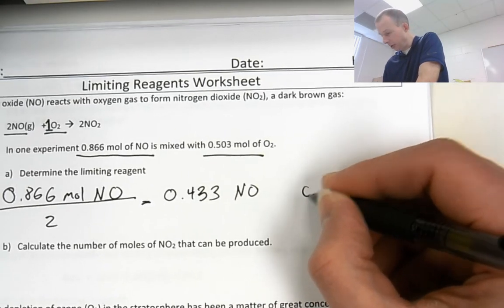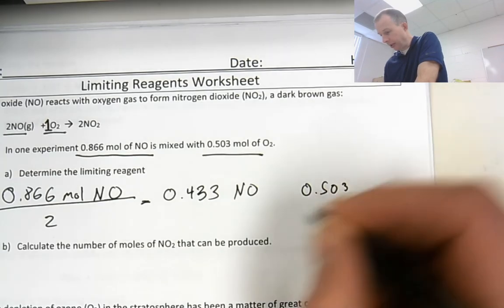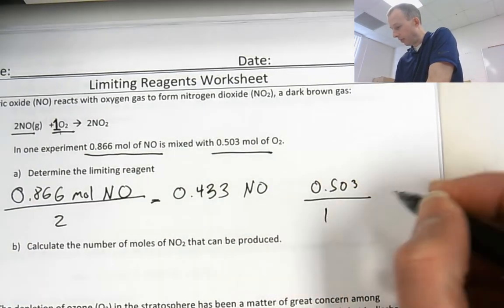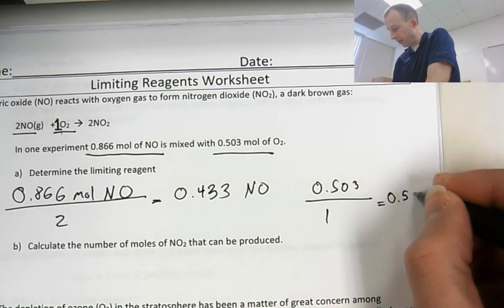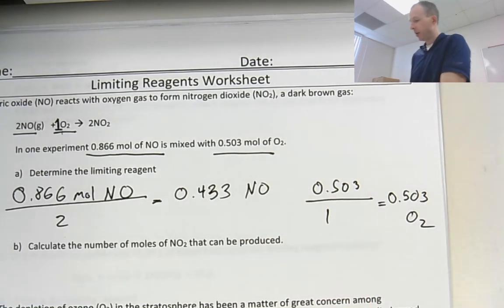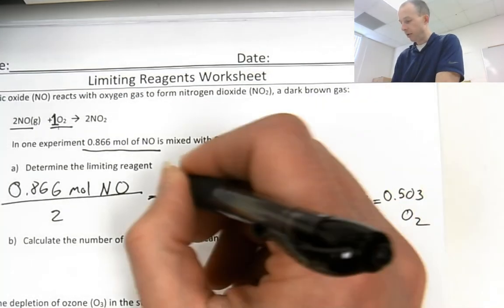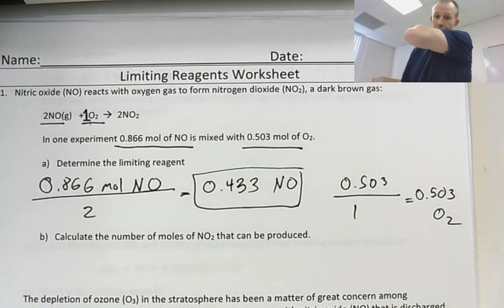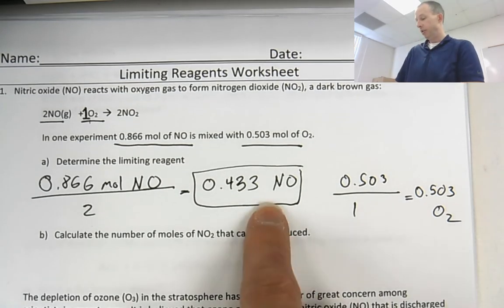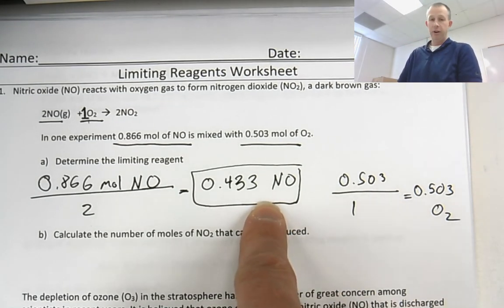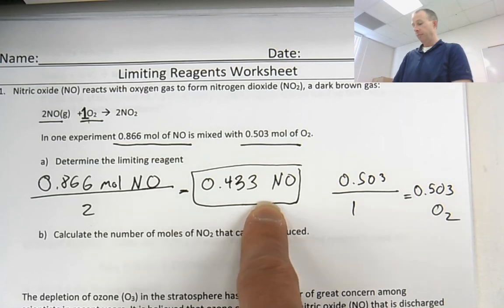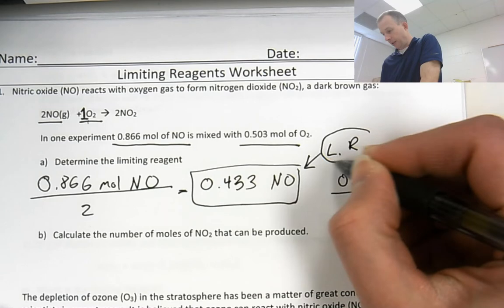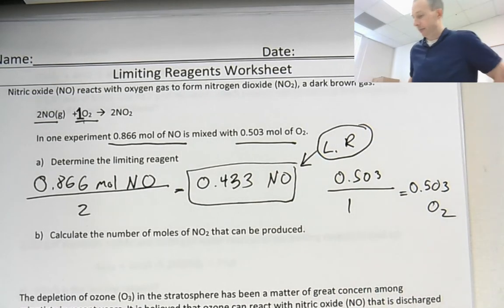That's 0.503, and we divide by 1 because it's a ratio of 1. So that's equal to 0.503 for O2. After doing this, you can see which one is smaller. In this case, nitrogen monoxide, NO. That means it will run out first in the reaction, and that makes this the limiting reactant, implying that it's what limits or stops the reaction.